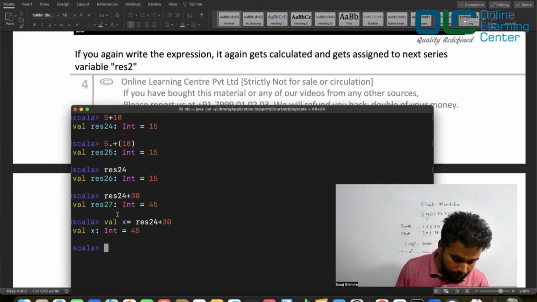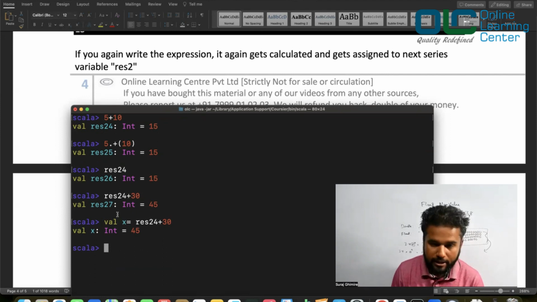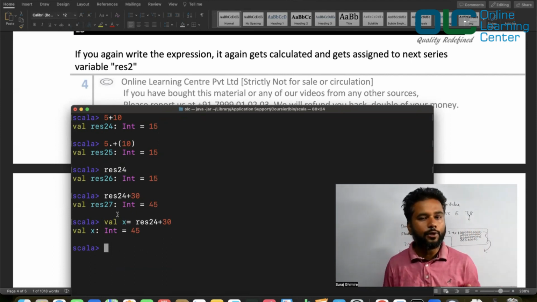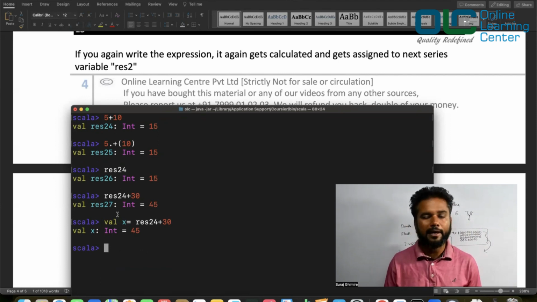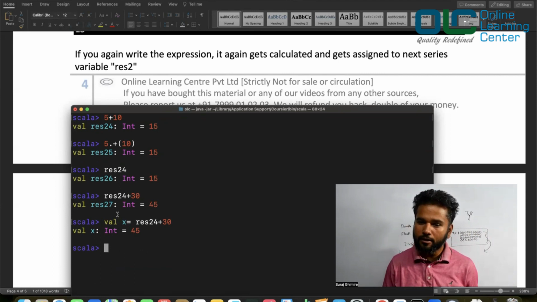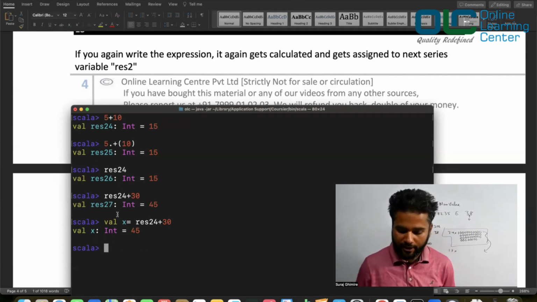This means when you are writing code in REPL, and if you don't assign an expression to any variable, then your REPL automatically gives you a temporary variable wherein the output is stored, and you can access that variable as well.